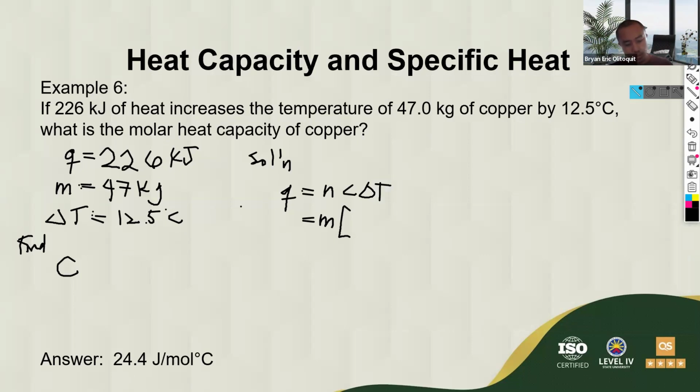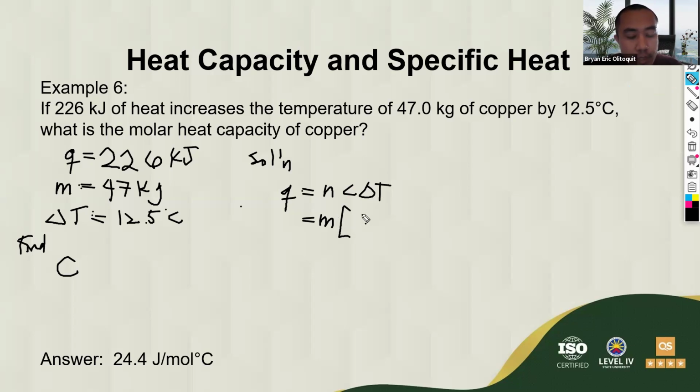So the molar mass of copper is 63.546. Okay.